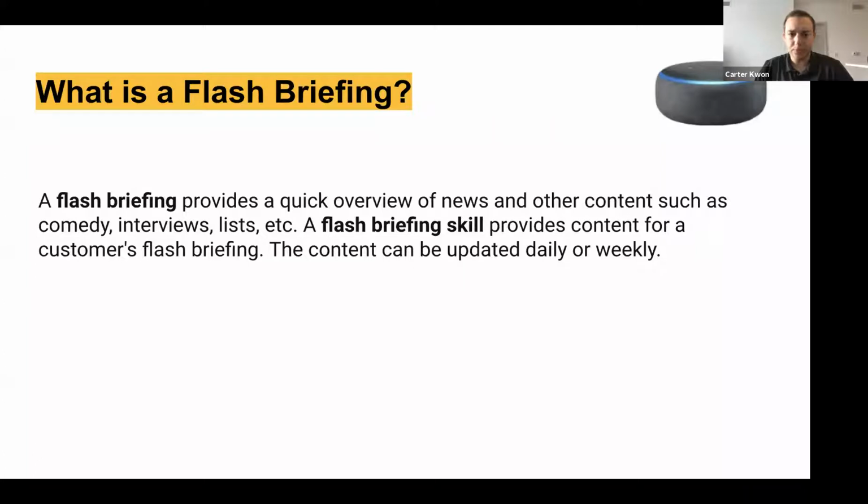Flash briefings provide a quick overview of news or other content such as comedy, interviews, lists, just 10 minutes or less snippets of content on either a daily or weekly basis. And then a flash briefing skill is what actually provides the content for a customer's flash briefing.